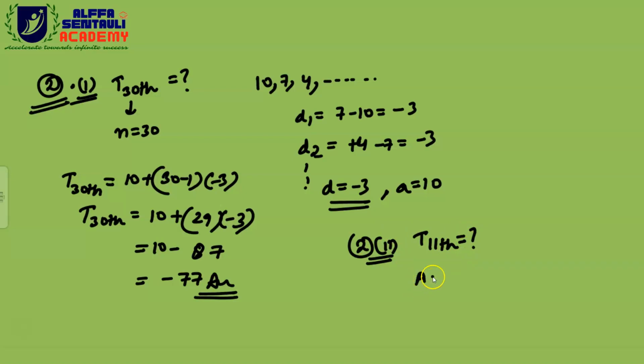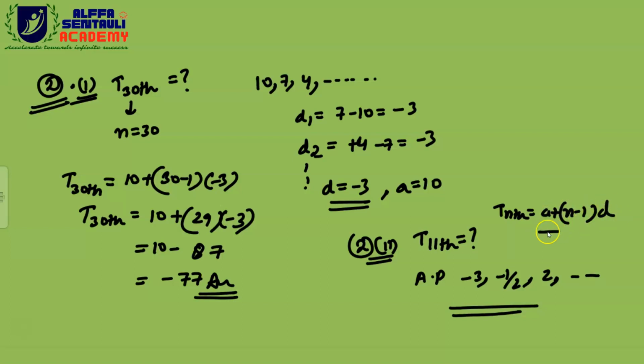And they have given the AP. AP is what? Minus 3, minus 1 by 2, 2, and so on. Can you find this? Use this formula. Tn is equal to what? A plus n minus 1 into d. You have to get the value of d, a, and n, and the value of n is 11, already given, right? So this is a homework problem.